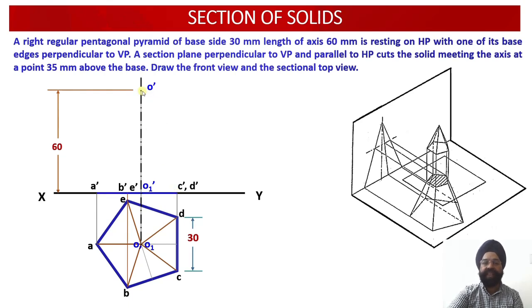Now we are going to once again join O dash with all the points of the base, that is O dash A dash, O dash B dash, O dash C dash, O dash D dash, and O dash E dash will be joined over there. And here we need to remember projections of O dash E dash will be dotted because it is on the back side, but they are being superseded by projections of the OB, which are going to be dark line, represented by the object line.